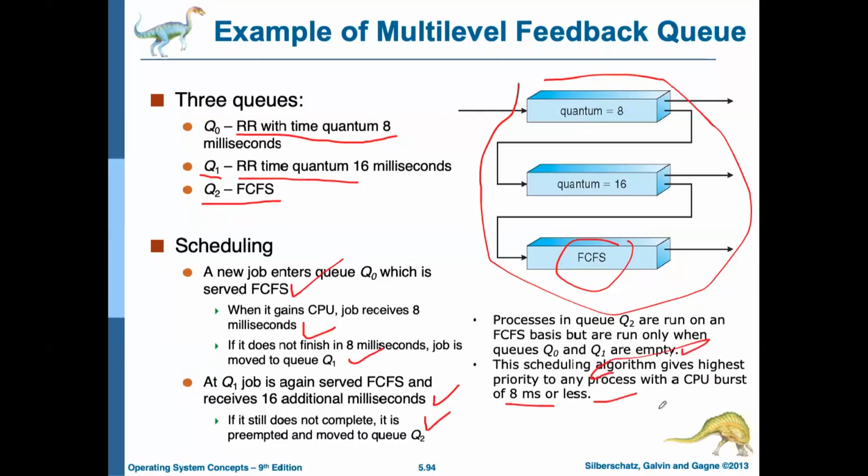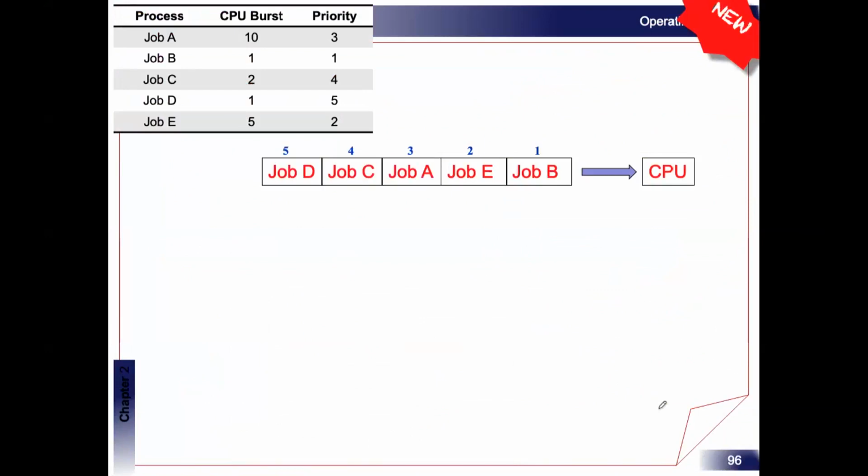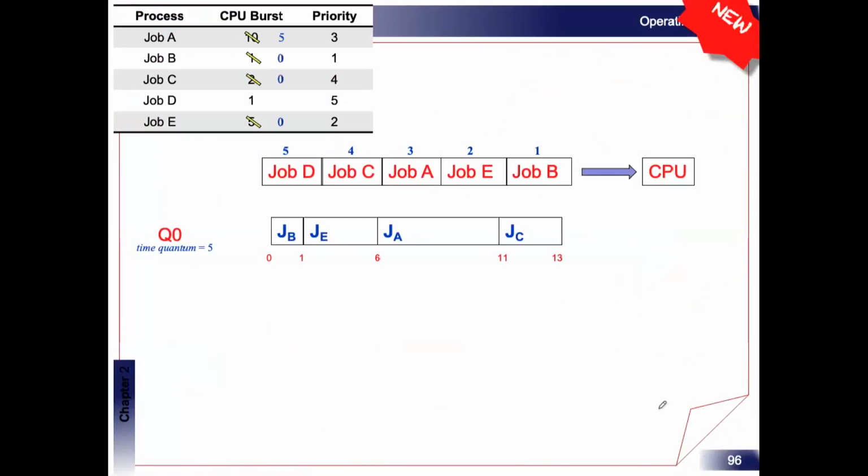Then this is an example, on slide 9. Please go through this, and also this video. Just play around with quantum 1. First JE, next JA. After that, based on the sequence, look for what we call here the Gantt chart.